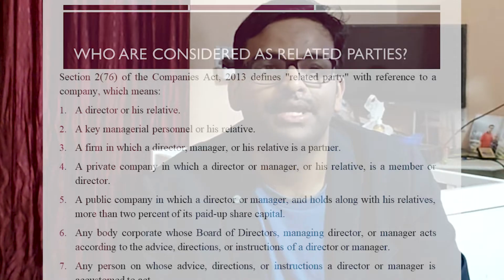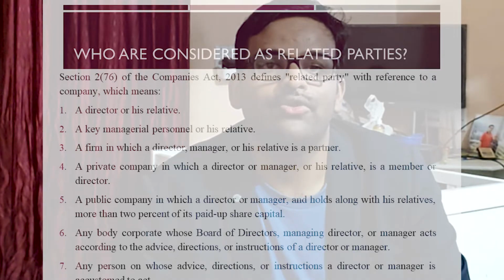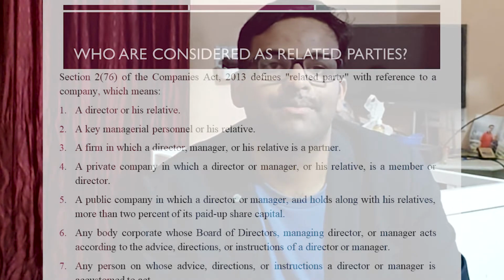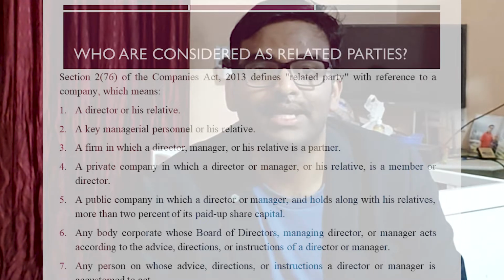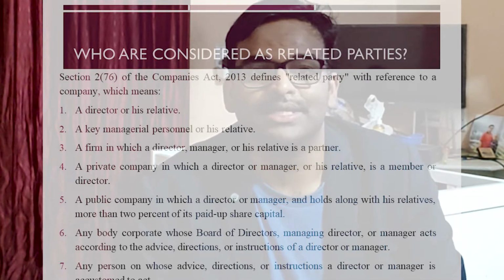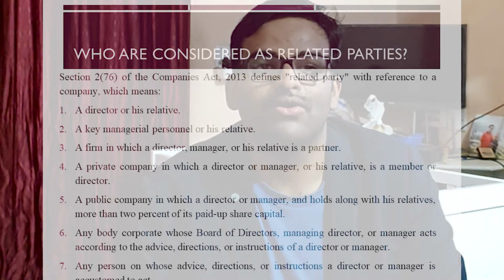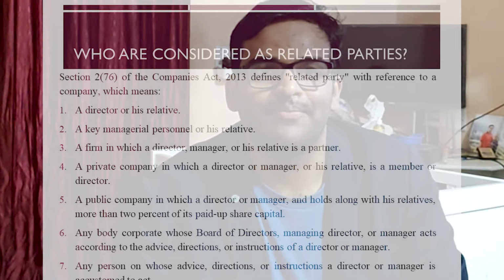A public company in which a director or manager holds along with his relatives more than 2% of its paid-up share capital; 6. Any body corporate whose board of directors, managing director or manager acts according to the advice, directions or instructions of a director or manager; 7. Any person on whose advice, directions or instructions a director or manager is accustomed to act.